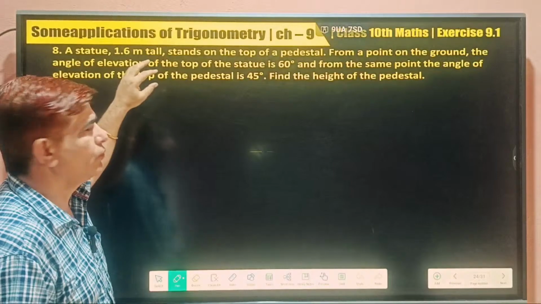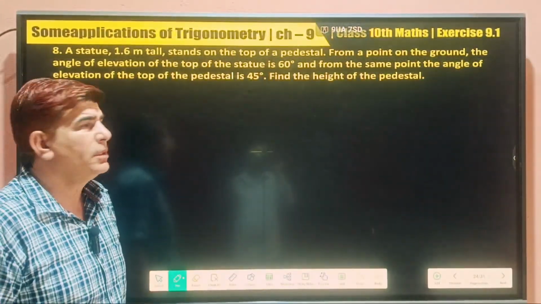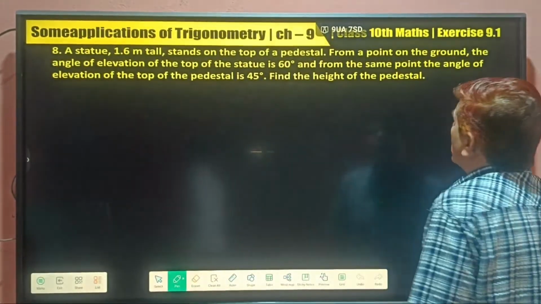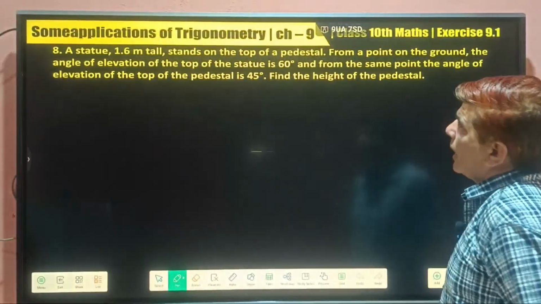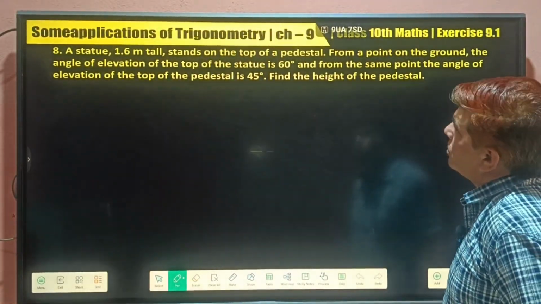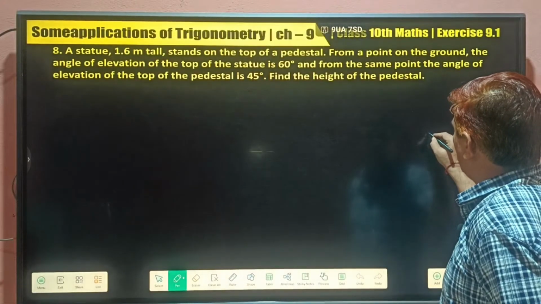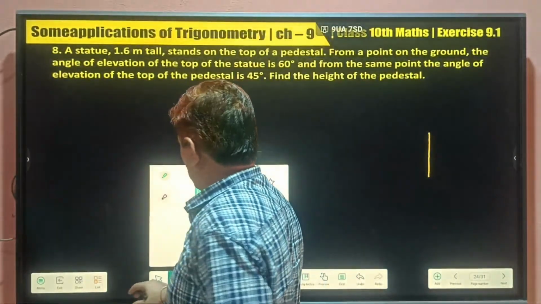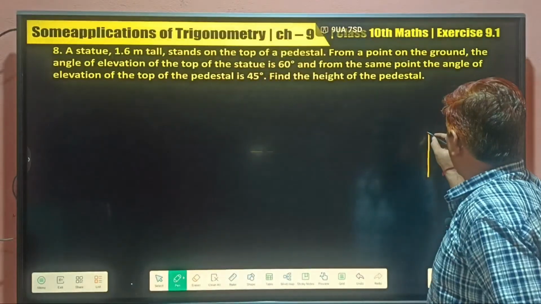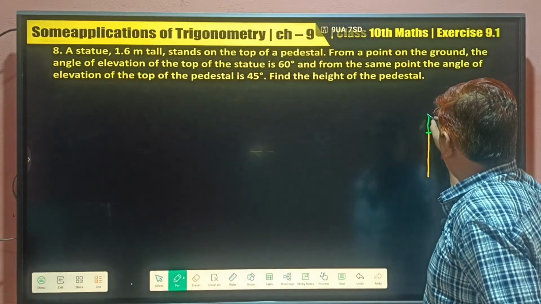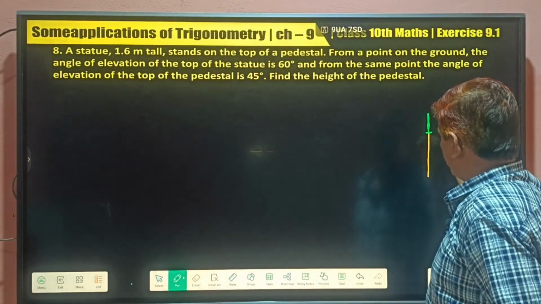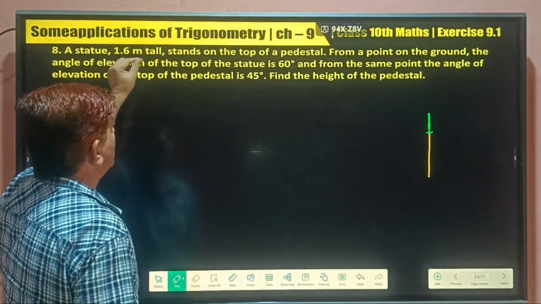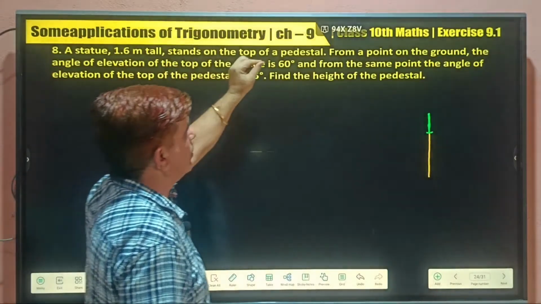A statue 1.6 meter tall stands on the top of a pedestal.